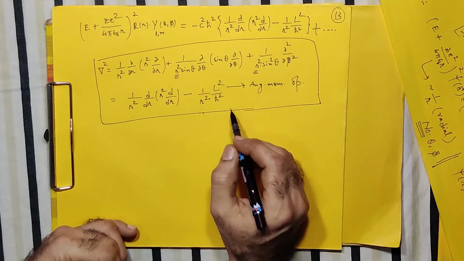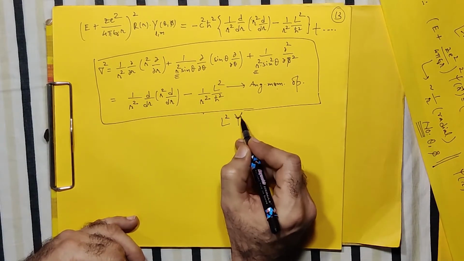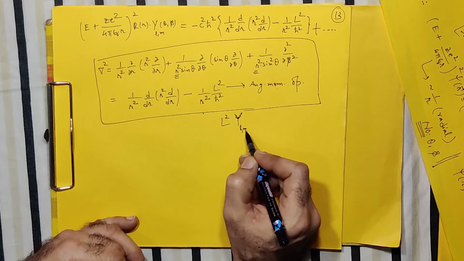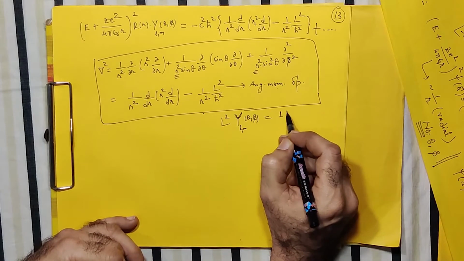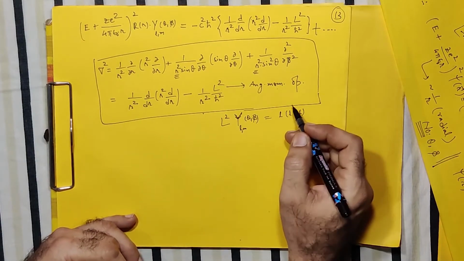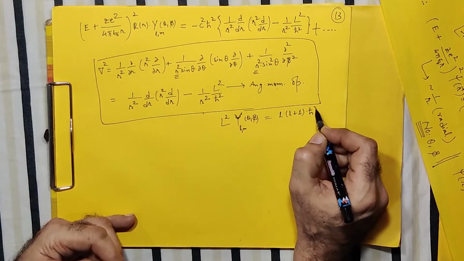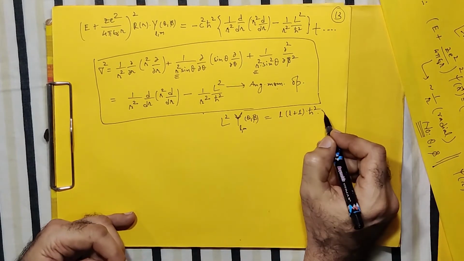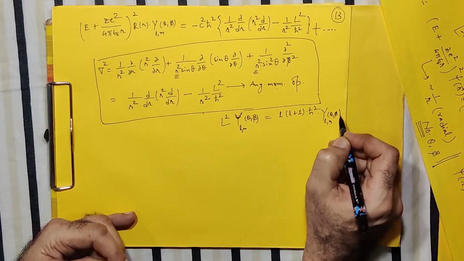And for that I just remember that whenever L square operates on Y_lm(theta, phi), it gives us l into l plus 1 h cut square, correct? So this L square when it operates gives me this, and of course the Y_lm(theta, phi) part will be recovered back.